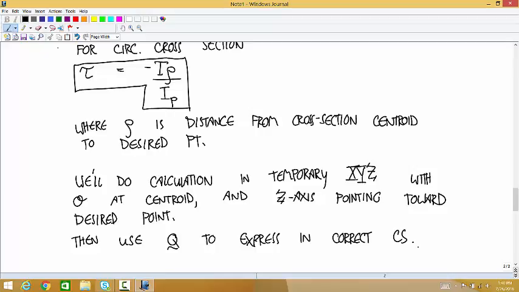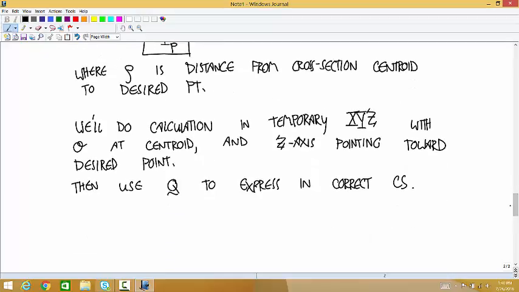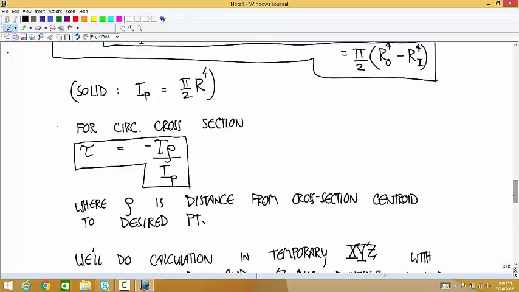So in this formula, the shear stress is going to be the capital X, capital Y shear stress. That's not saying that it's going to be the XY shear stress in our permanent coordinate system, but this is what it's going to be before we do the coordinate system rotation.